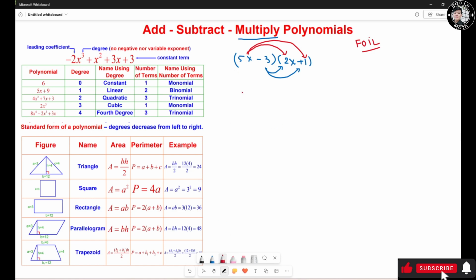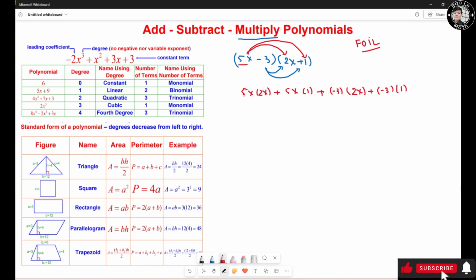5s times 2s, you just write 5s times 2s. And then plus 5s times 1, plus negative 3 times 2s, and the last one, plus negative 3 times 1.